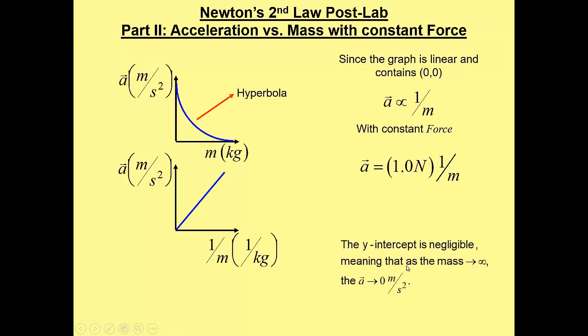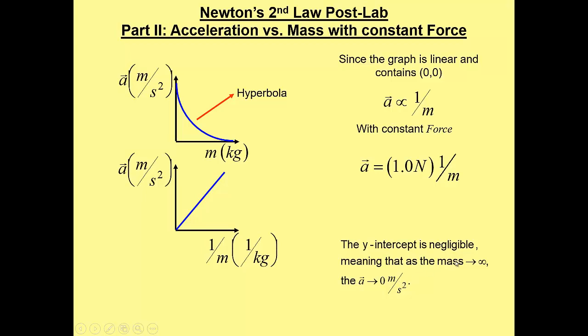So what this y-intercept means, the reason that it's negligible, is because as the mass approaches infinity, the acceleration approaches 0. This little arrow means approaches. It's a little pre-calculus notation. As the mass approaches infinity, the acceleration approaches 0. And you could really reverse that. You could say as the mass approaches 0, the acceleration approaches infinity.